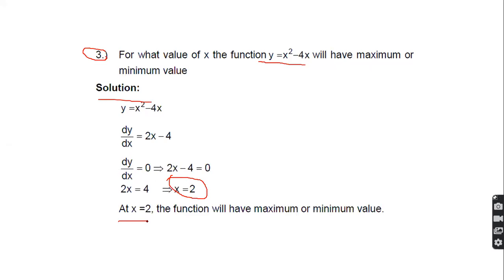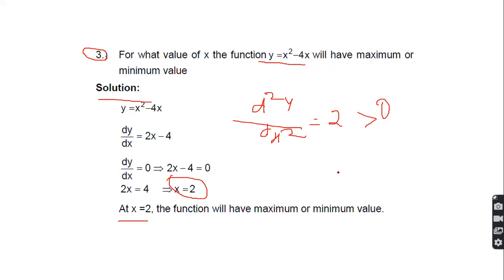But particularly we can say whether the function has a maximum value or minimum value. How can you find that? Find d square y by dx square, that is equal to 2. It is greater than 0.